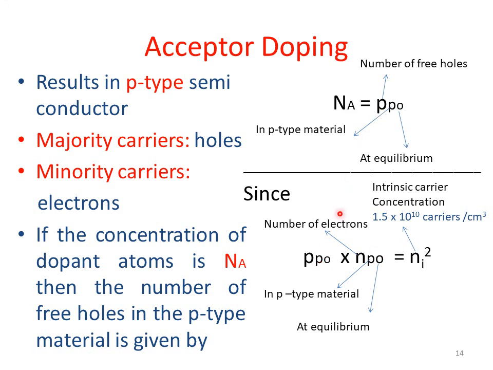So if I know the value of pp0, because this is the number of boron atoms added, and if I know the value of ni squared, then I can easily calculate the value of np0, the number of minority electrons within the p-type material.